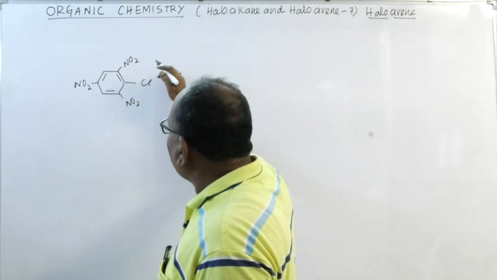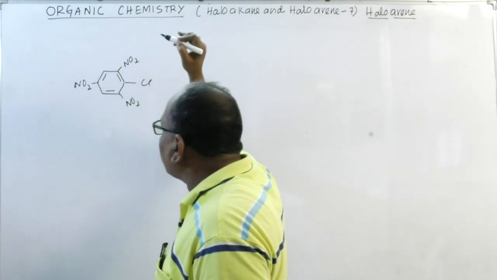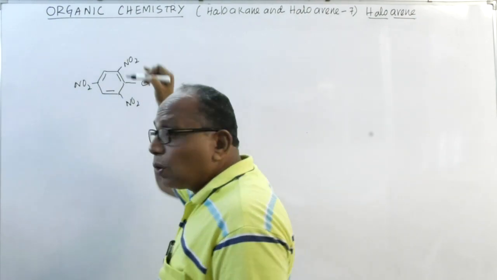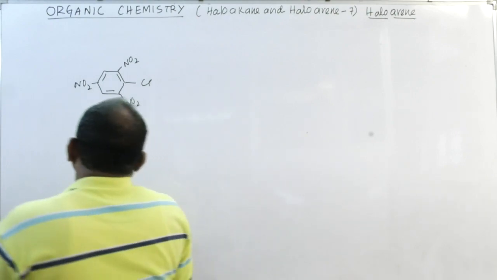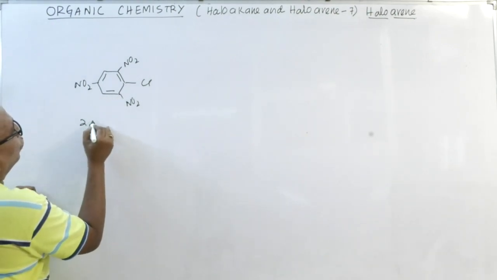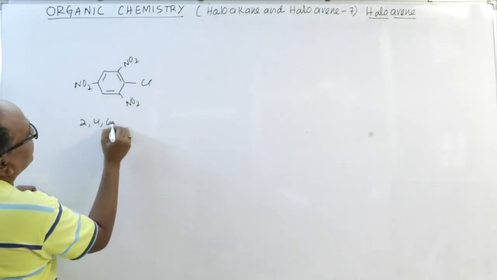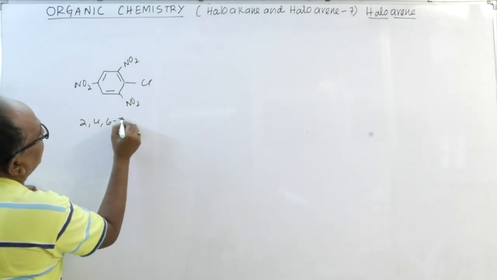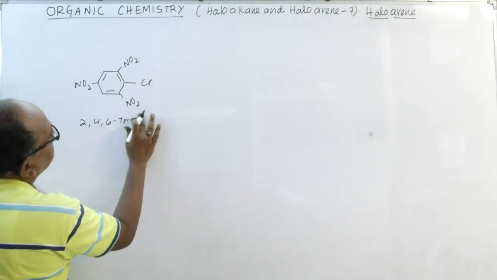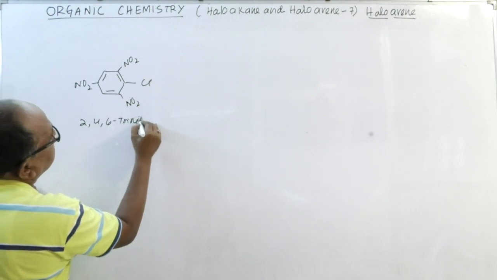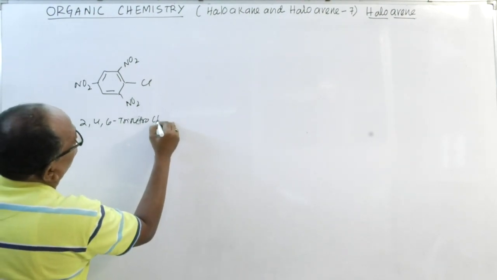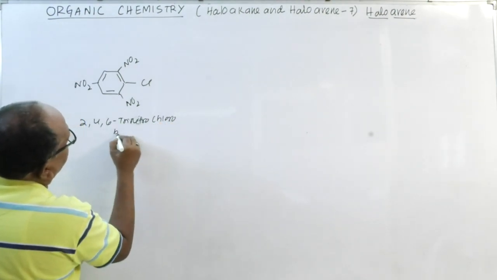You see the halogen is bonded to the benzene ring, and the benzene is substituted with 3 nitro groups. This is known as 2,4,6-trinitrochlorobenzene.